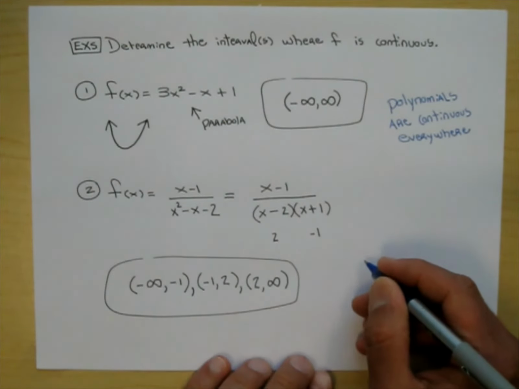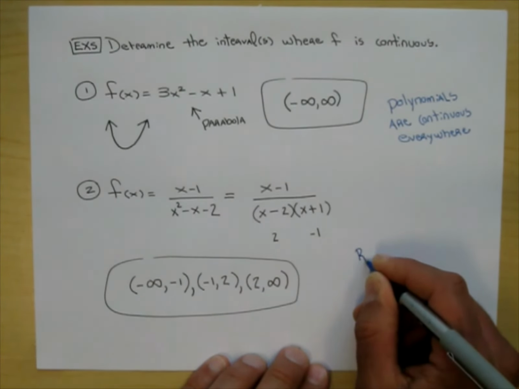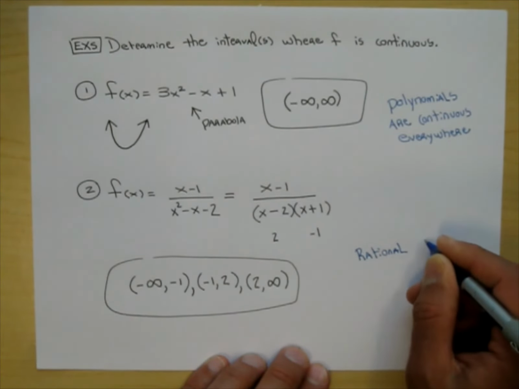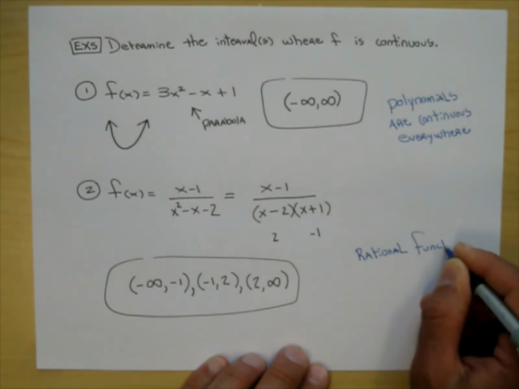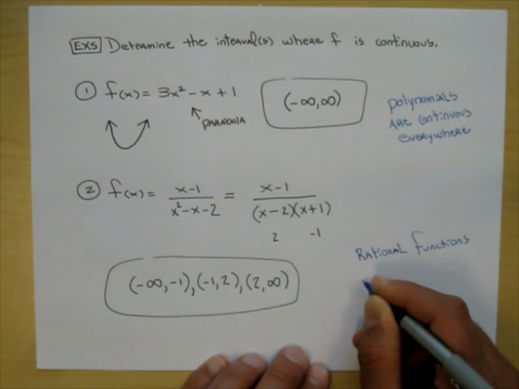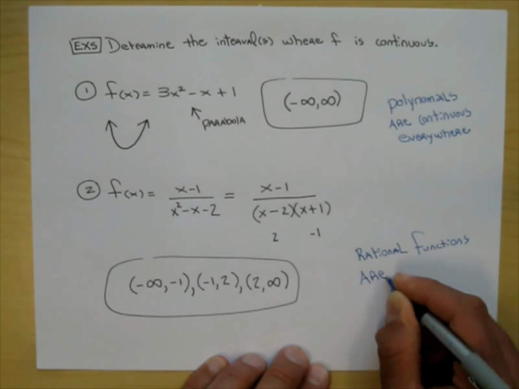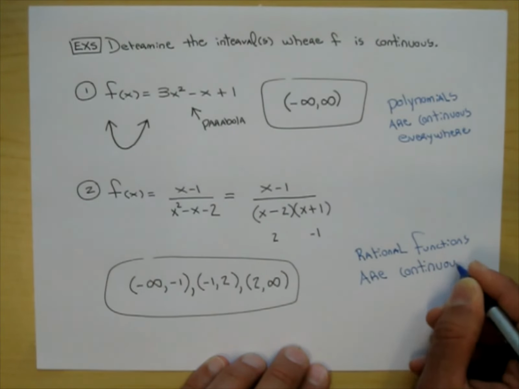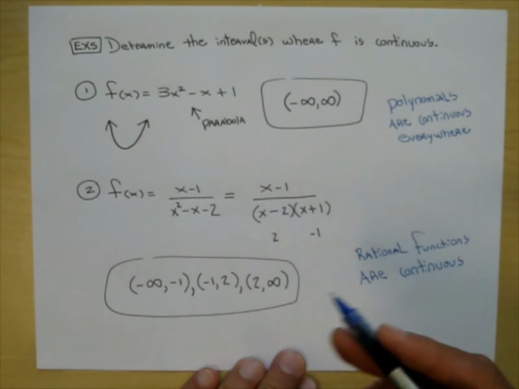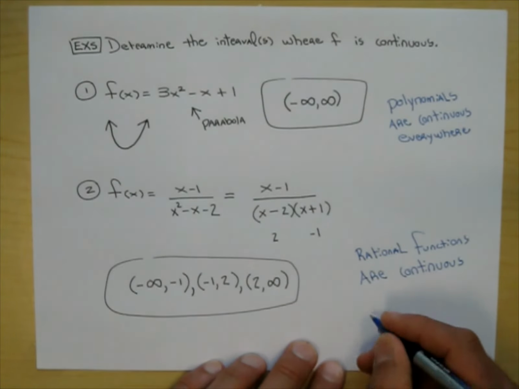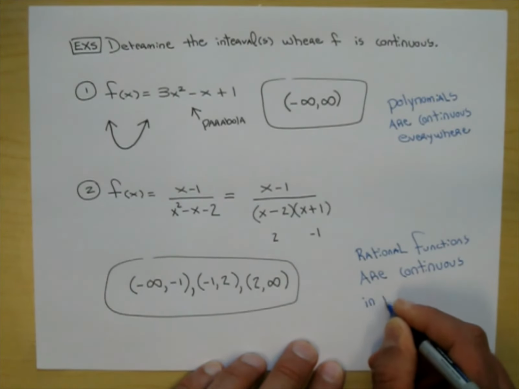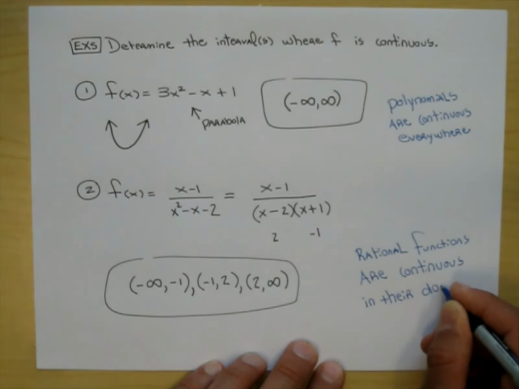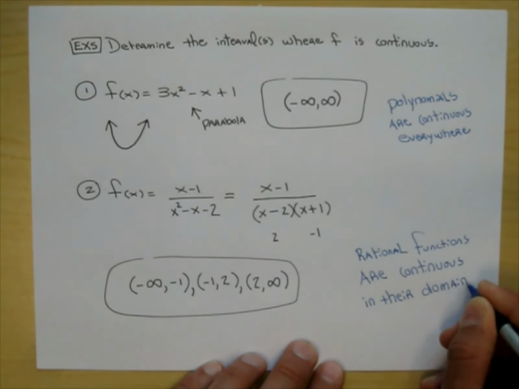So let's go ahead and write something about rational functions. Rational functions are continuous, and we're not going to say everywhere, because obviously that's not the case, but they are continuous in their domains.